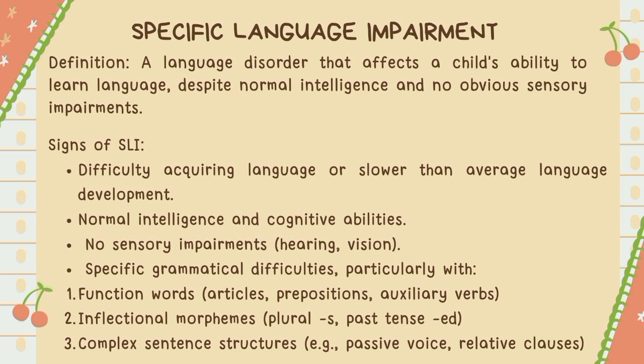And one thing to note also is that the core difficulty of a person or a child with SLI often lies in grammar. They have specific grammatical difficulties, particularly with function words, inflectional morphemes, and complex sentence structures.